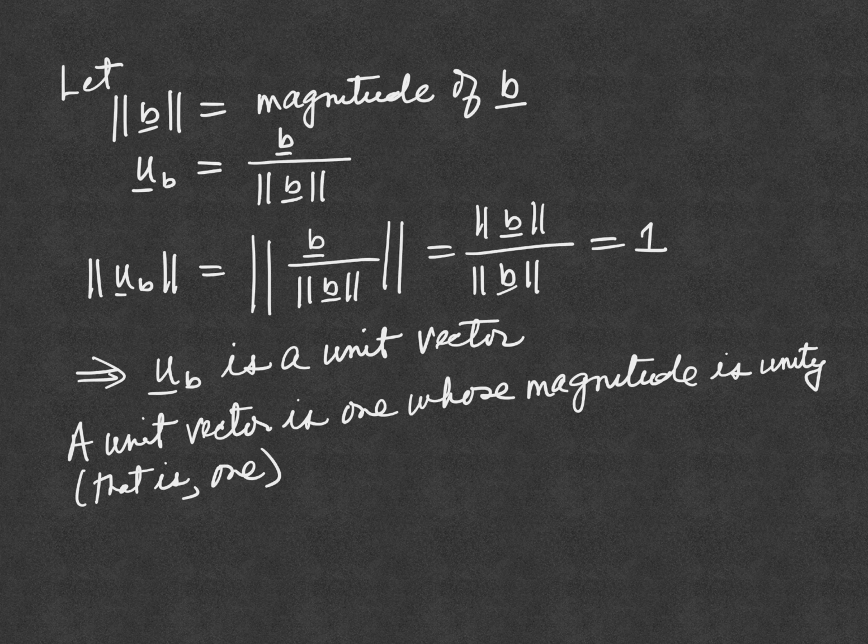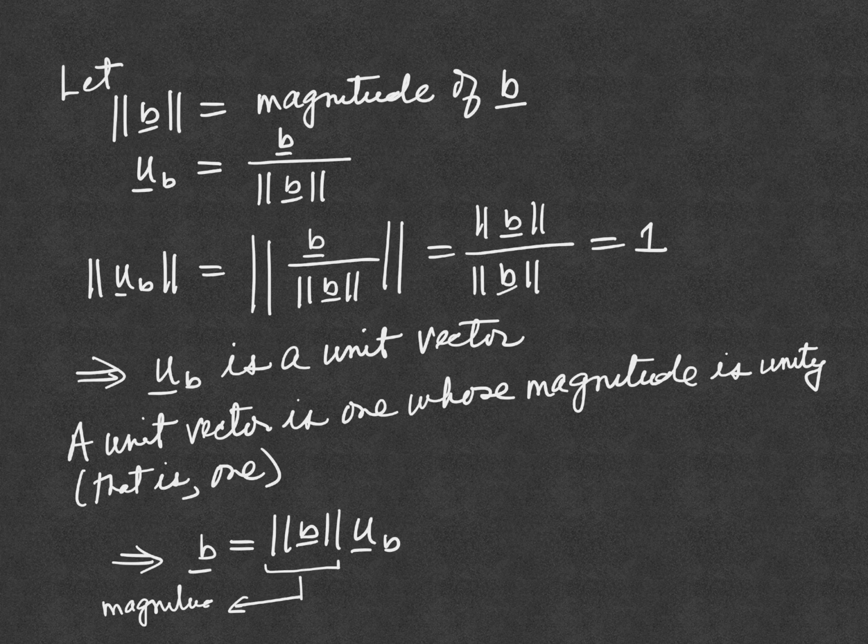Now, once I do this, if you just look at this equation that I have up above for UB, you can actually just rewrite this, and you can see that B is equal to the magnitude of B times UB. So the first part here is the magnitude, and the second part is the direction. So if I just break this up into two parts, here is the magnitude, and here is the direction.